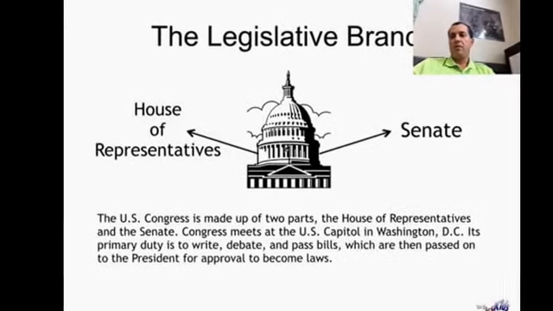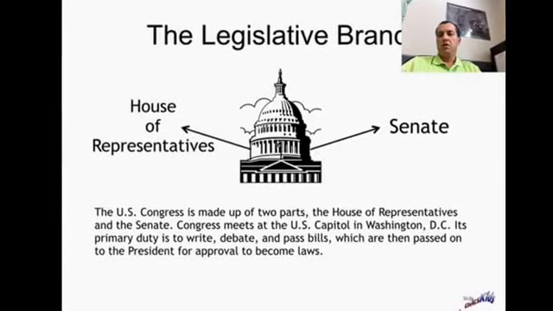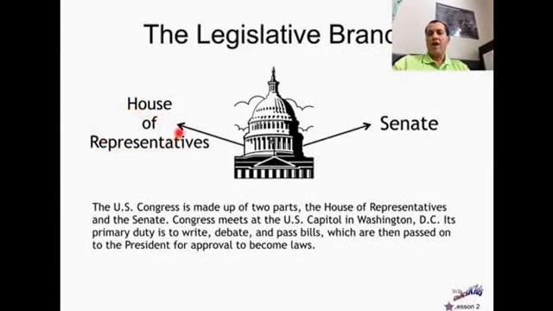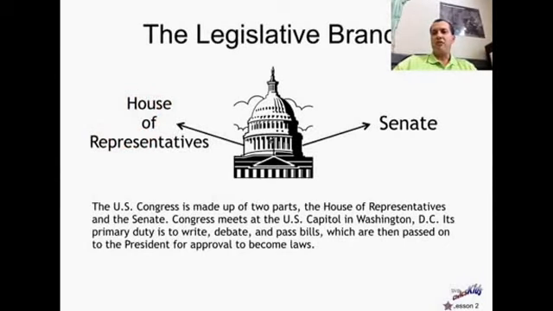Inside the legislative branch, you have 2 houses of Congress. You have the House of Representatives and you have the Senate. The House of Representatives has 435 seats. Each state has a designated amount of House members based on population.